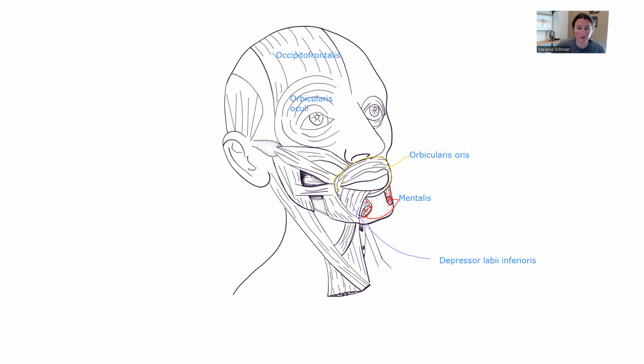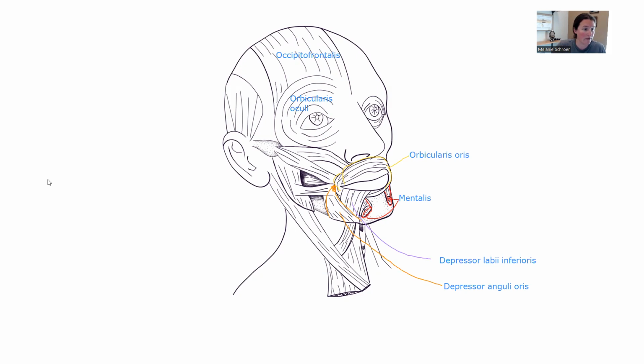We can see that it is inserting on the corner of the mouth. We have the depressor anguli oris. This right here, and again, it goes more to the corner of the mouth.